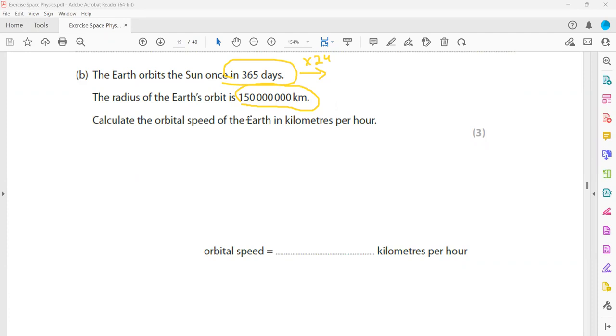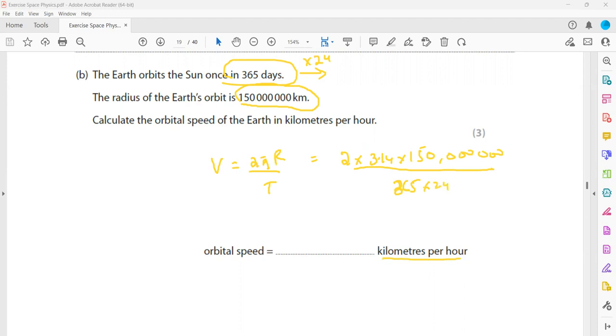To get the orbital speed, speed is equal to 2 pi r divided by t, where t is the total hours. Then 2 times 3.14 times radius. We don't have to convert because we need the answer in kilometers. So it is 150 times 10 to the power 6 divided by the time, which is 365 times 24.